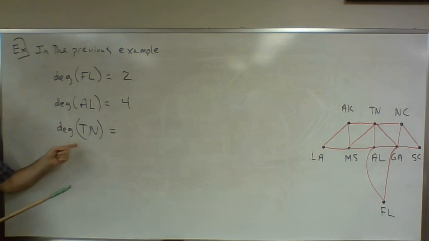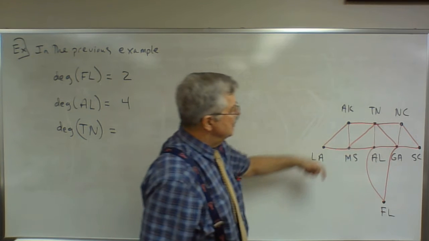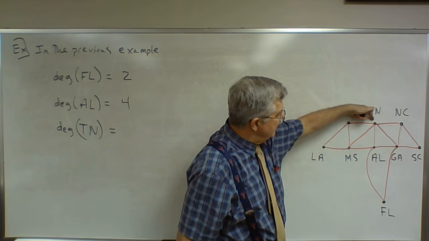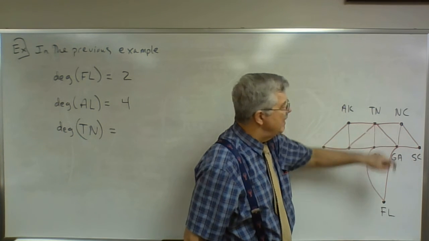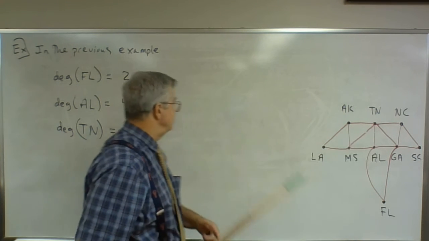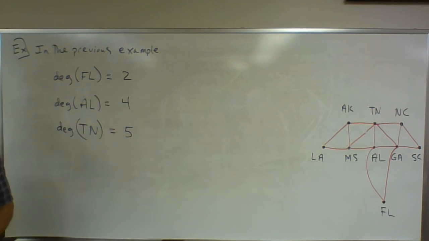The degree of Tennessee: here's the vertex for Tennessee, and we have 1, 2, 3, 4, 5 edges going in or coming out of Tennessee. And what that tells us is that there are 5 states on which Tennessee borders. Tennessee shares a common border with 5 different states in the southeast.